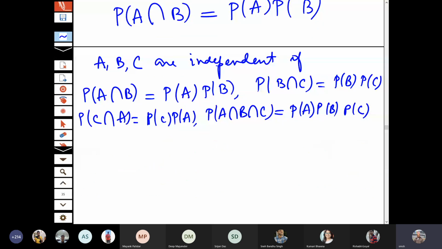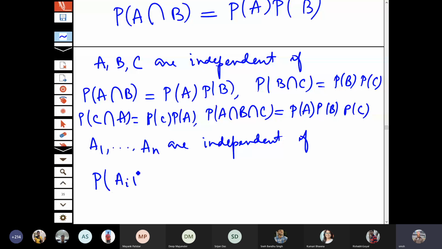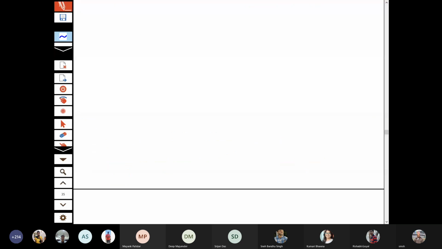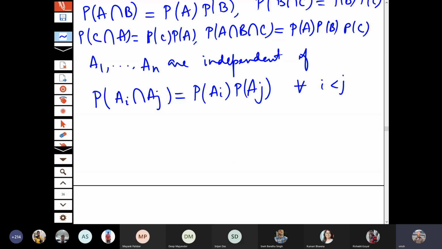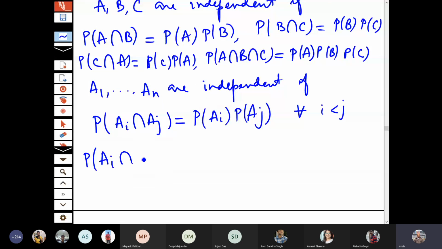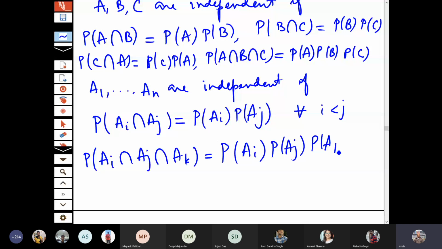So you can have n events, A1, A2, An are independent if probability of AI intersection AJ is equal to probability of AI into probability of AJ for all I less than J. Then taking 3 at a time, probability of AI intersection AJ intersection AK is equal to probability of AI into probability of AJ into probability of AK for all I less than J less than K, and so on.